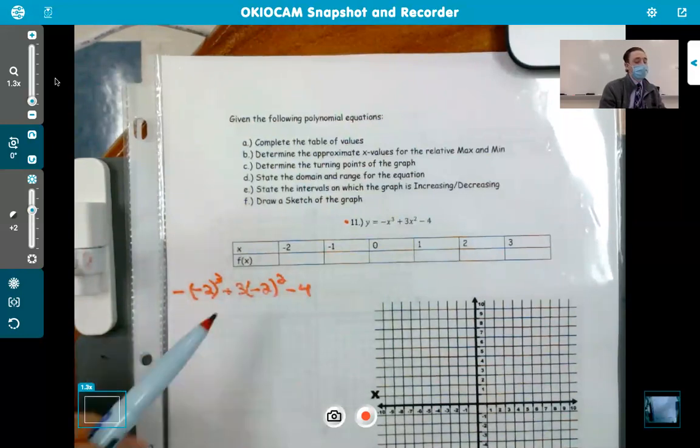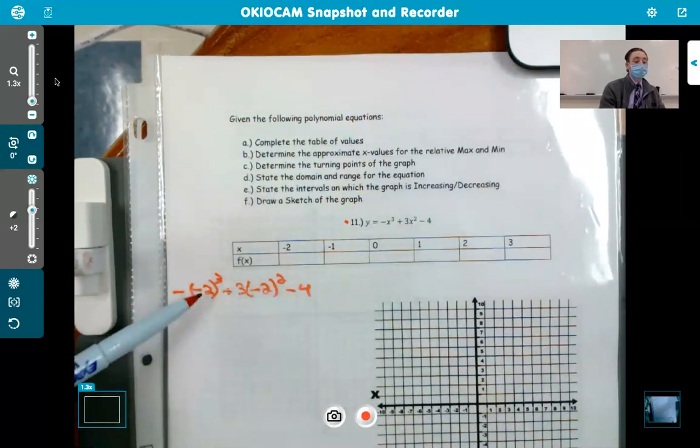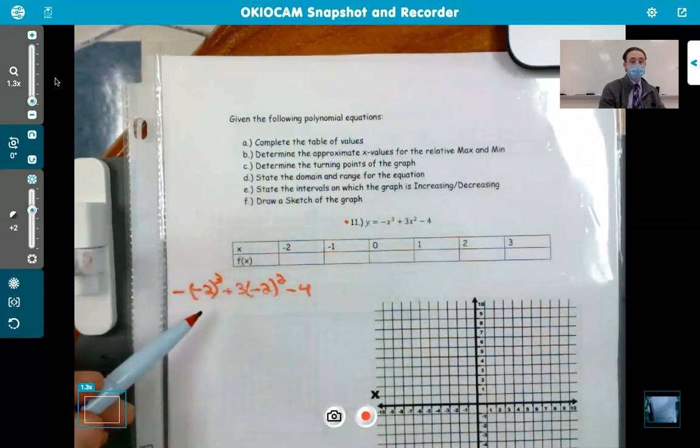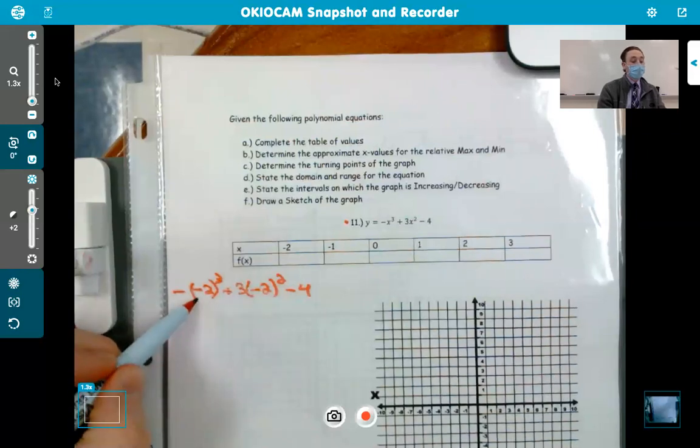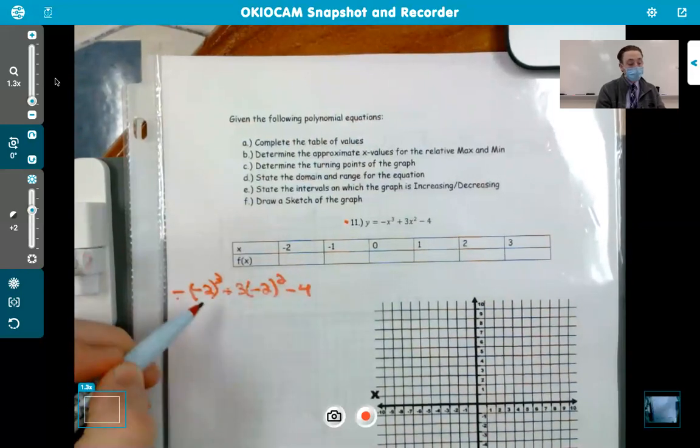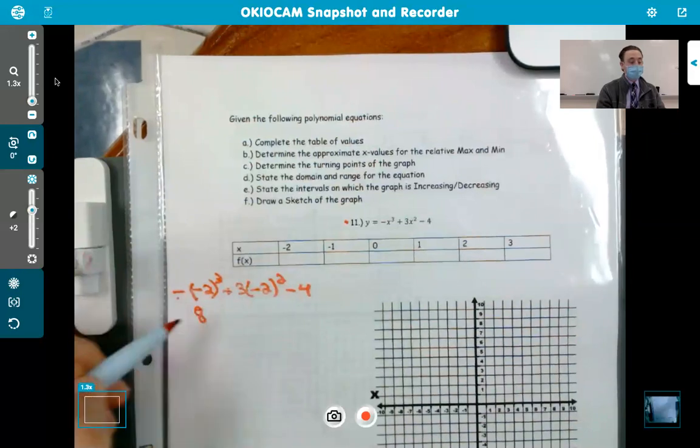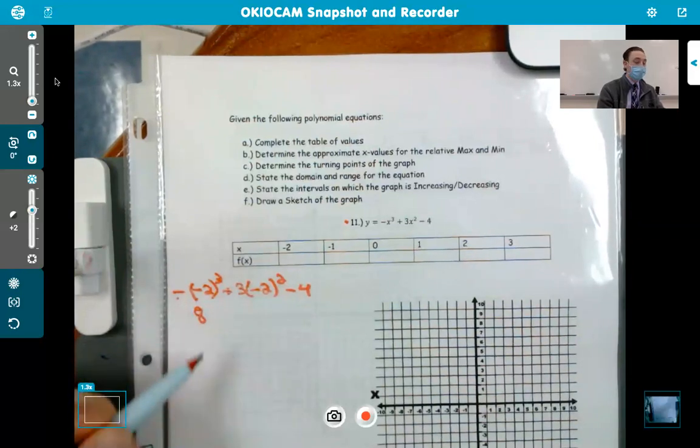Well, what's negative 2 cubed? Positive or negative? Negative 2 cubed is negative 8 because it's negative 2 times negative 2, which gives you positive 4, times another negative 2, which gives you negative 8. But then I have that negative sign out in front, so it becomes a positive 8, right? You see what I mean? So it changes based off of the signs that are in front.